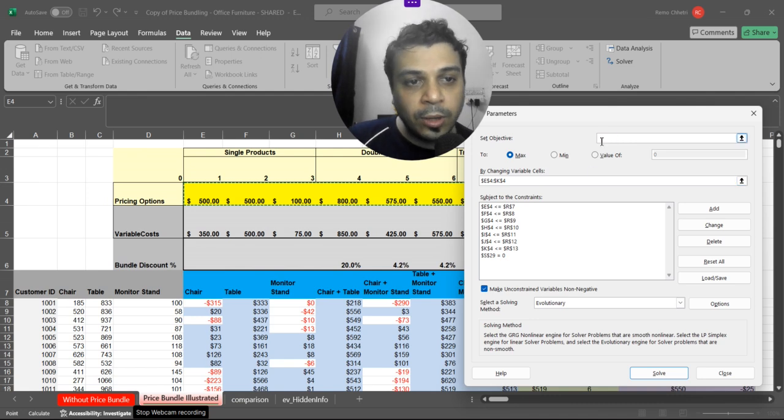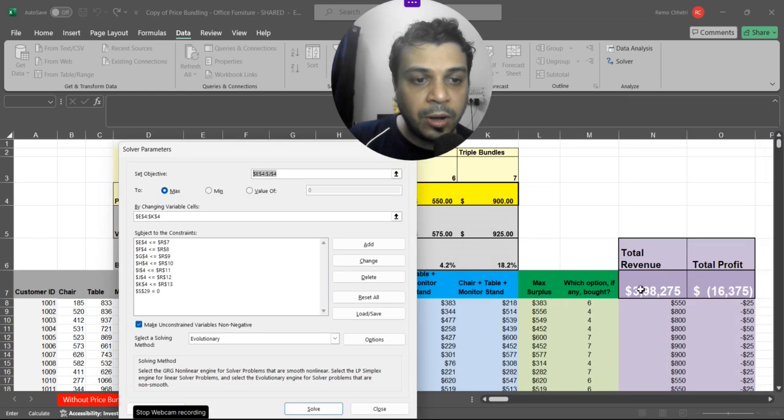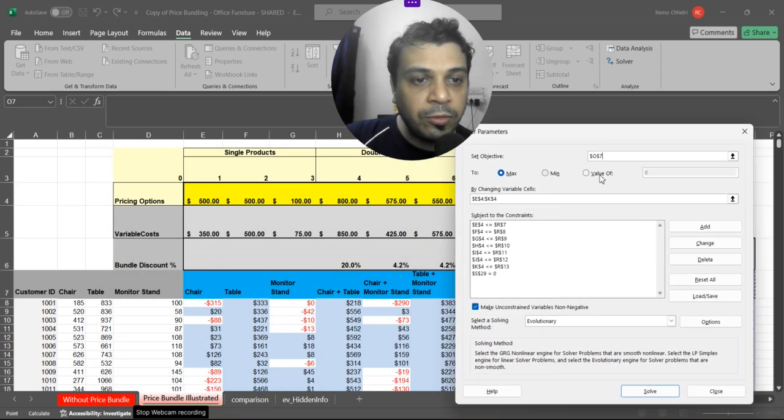And then, I obviously made a mistake here, so I'll just change that. This is going to be the profit, although I'm not going to run it, but I don't want to show you the wrong thing. So your objective function is set to maximize profit. You change your variables, your prices for individual or single products as well as bundles, and then you set certain constraints here.